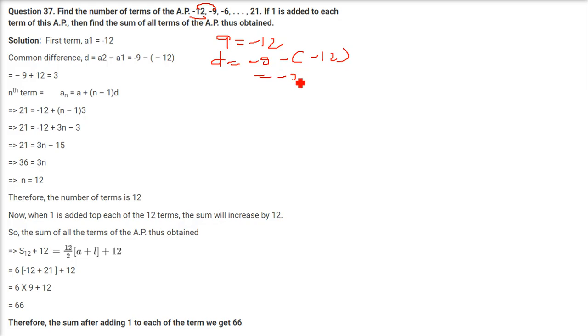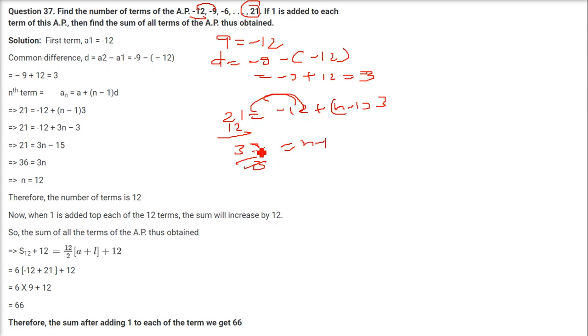So it is going to be minus 9 plus 12, it is going to be 3. So A and D are known, the nth term is also known. So 21 will be A plus n minus 1 into D, that is minus 12 plus n minus 1 into 3. So 21 plus 12 is 33. Now you divide by 3, so n minus 1 is 11. So n is equal to 12.